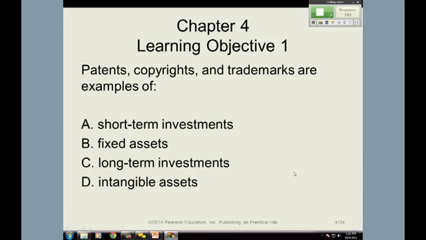Classified balance sheet classifications. Clicker's not working? Okay. All right, you got about 5 seconds here. Timing out.